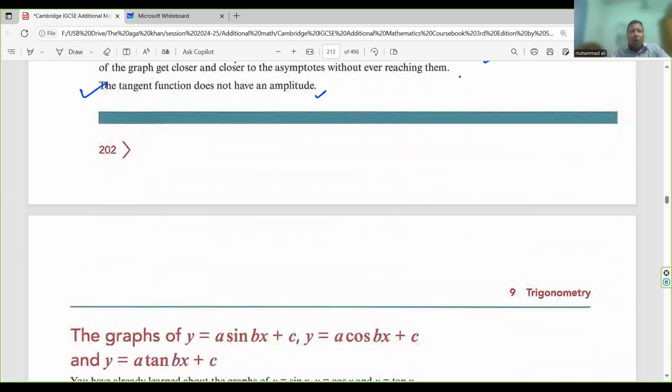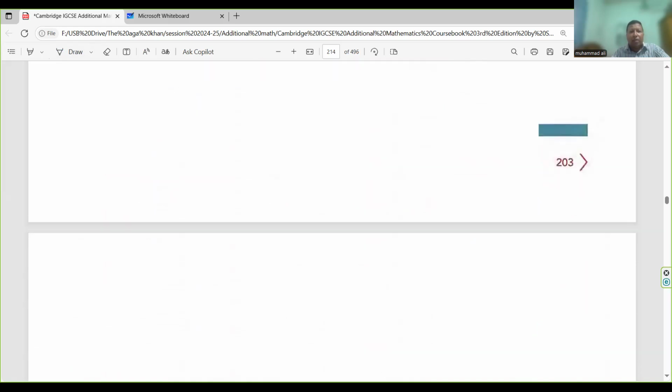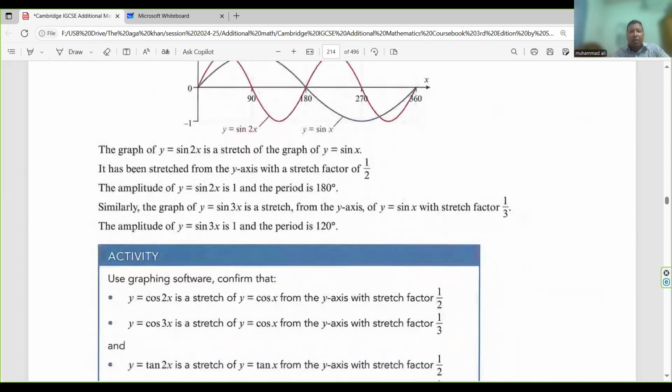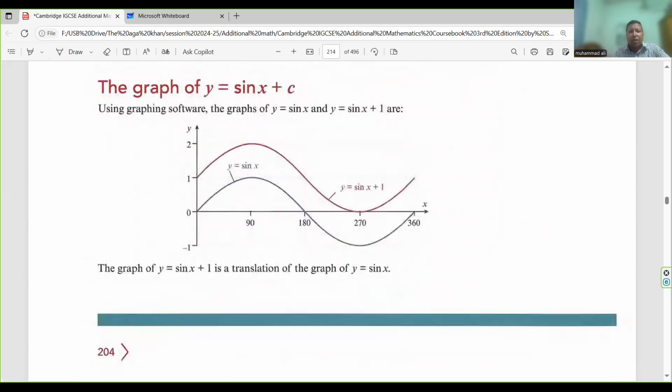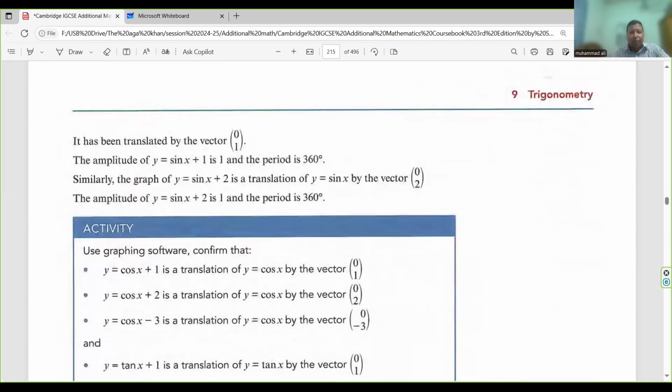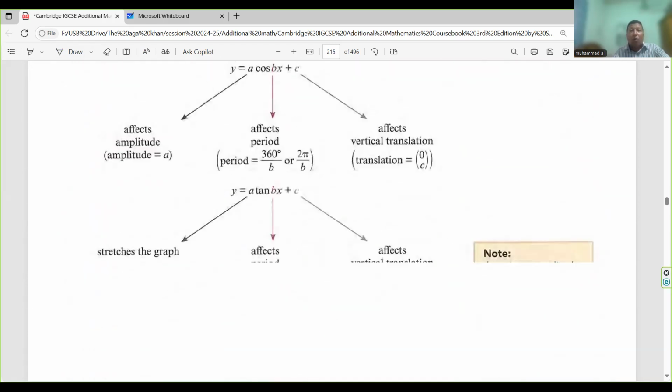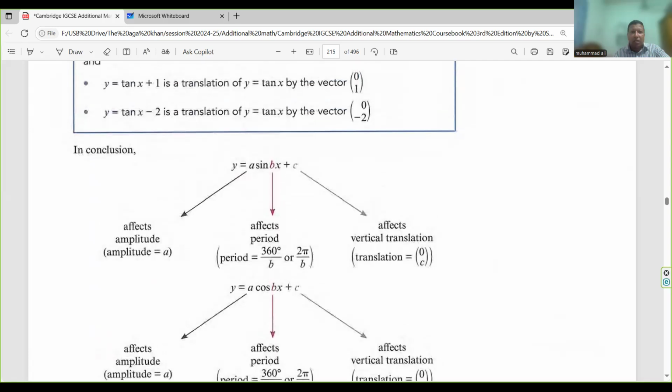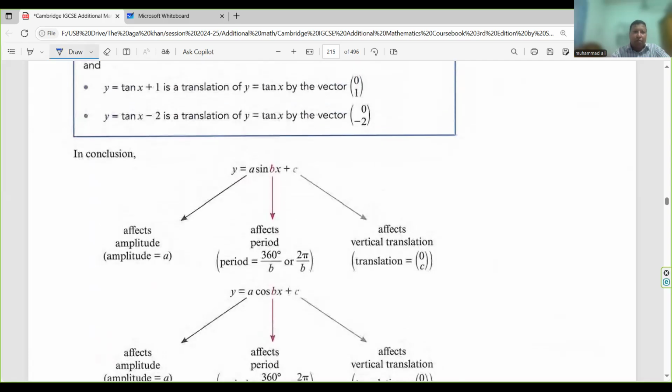Now we want to sketch a curve and we try to find out its amplitude and its period. See, another very important function, important information, we have to remember these things. y equals a sin(bx plus c).